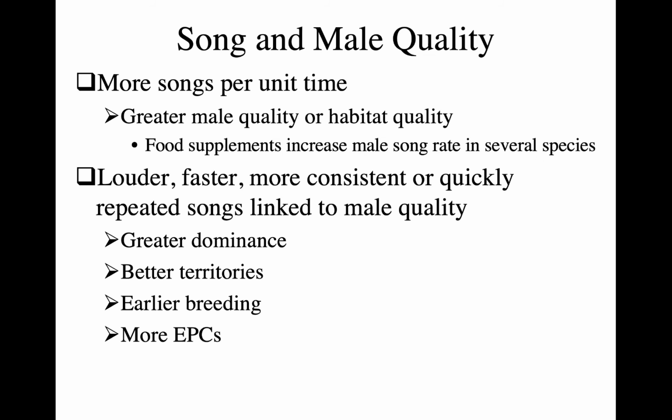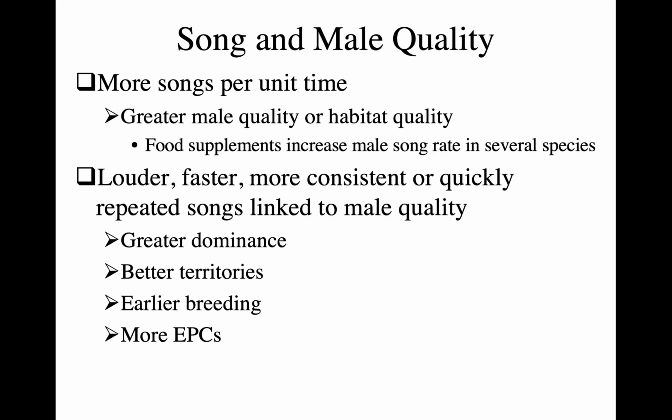And if you supplement the feeding associated with a male, he will increase his song rate. So it appears to be an honest indication of his own nutritional status. But if that was a natural feeding situation, it would also be an indication of the male's true territory quality. So louder, faster, more consistent, and more quickly repeated songs are linked to a greater male quality.